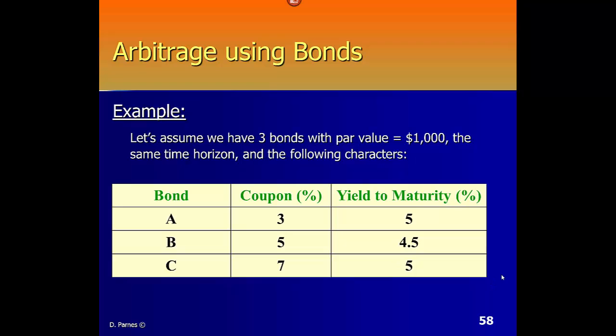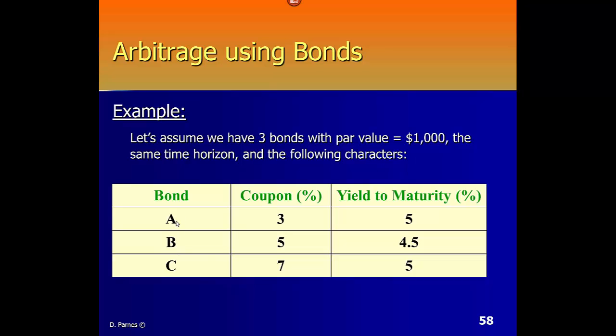Therefore, in order to do an arbitrage here, you need to buy a portfolio of bonds A and C with the right proportions, 50% of bond A, 50% of bond C, in order to replicate the coupon rate of bond B, and at the same time sell bond B, become the issuer of bond B. Let's understand what happened here.